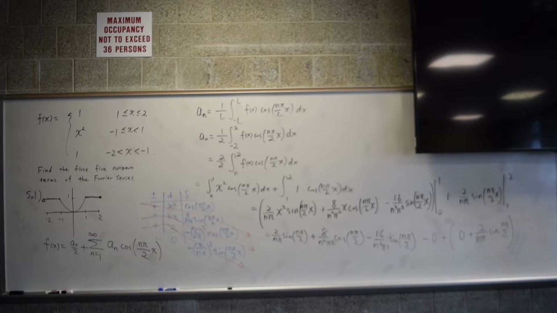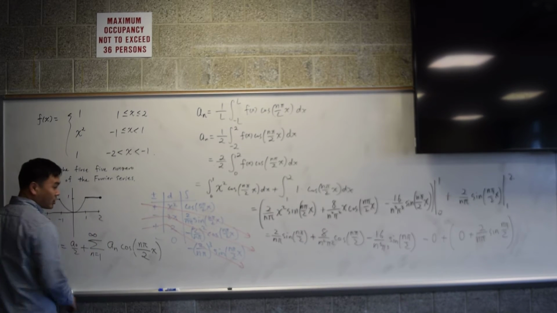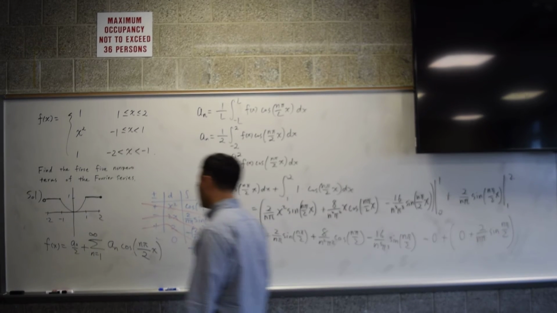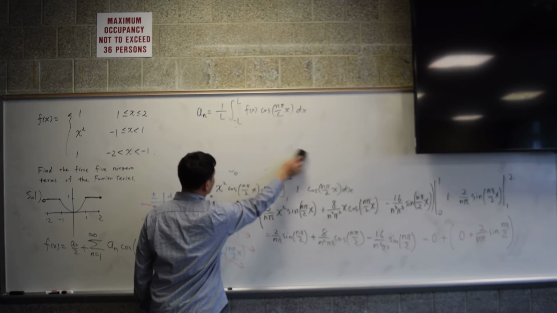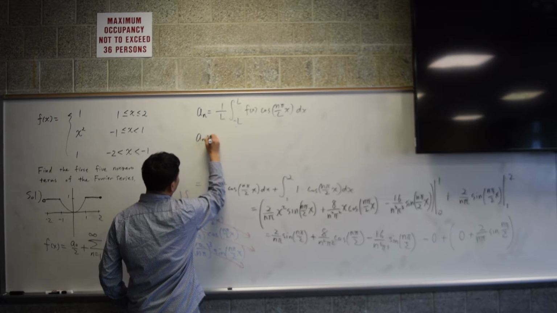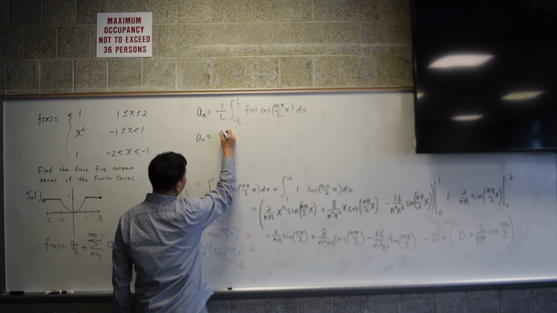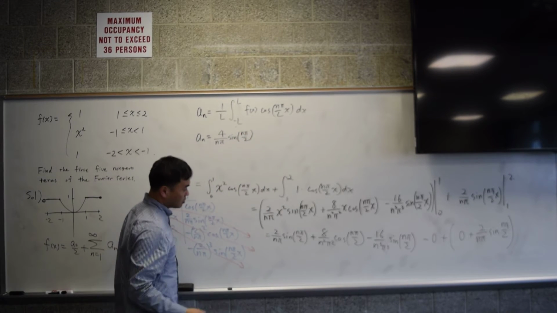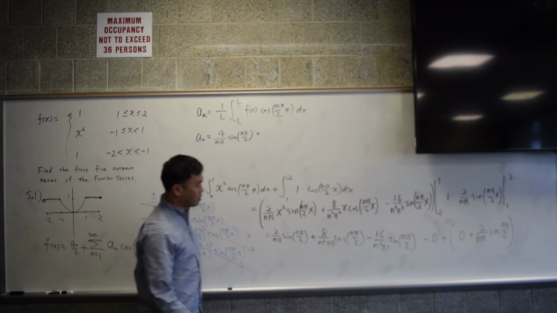And then if you look at this result closely, I see that this is the same as that, isn't it? Right? So we can put them together, and we have a nice result which says that a_n must equal this plus that doubled, so it's 4 over n pi sine n pi over 2 plus, oh, what's cosine n pi over 2?